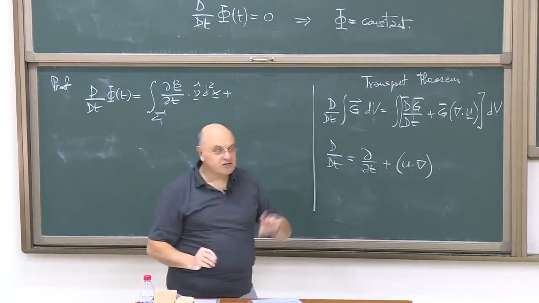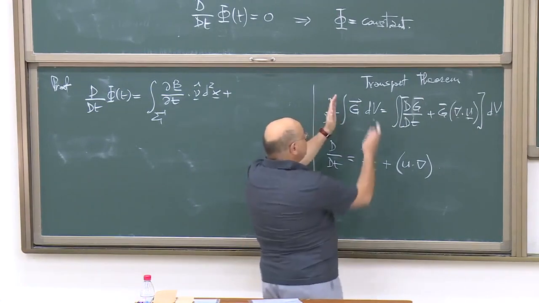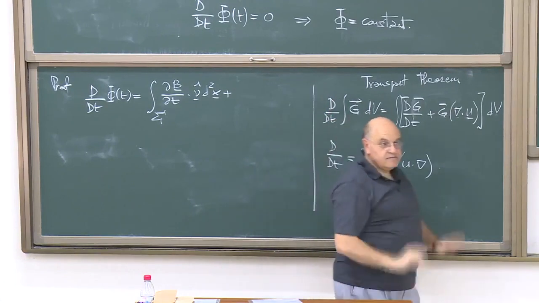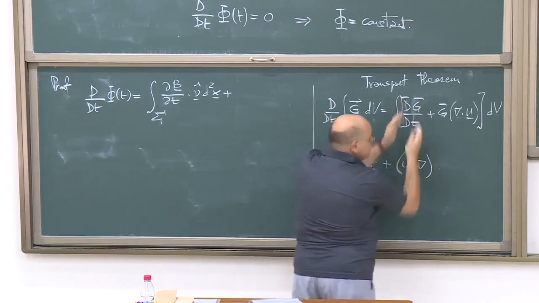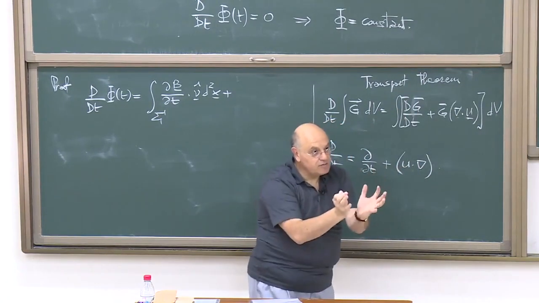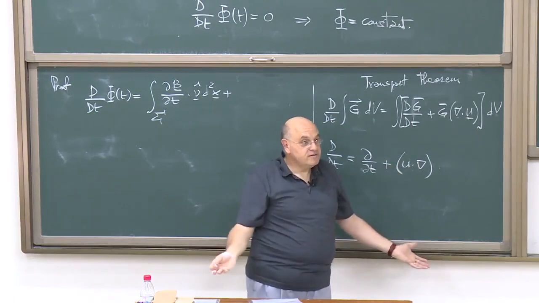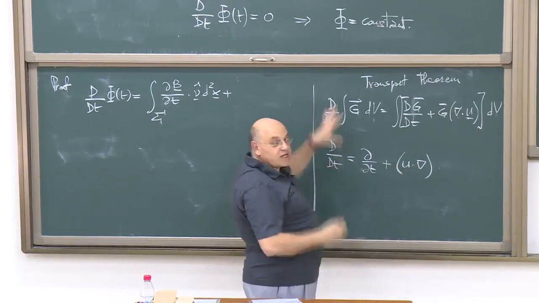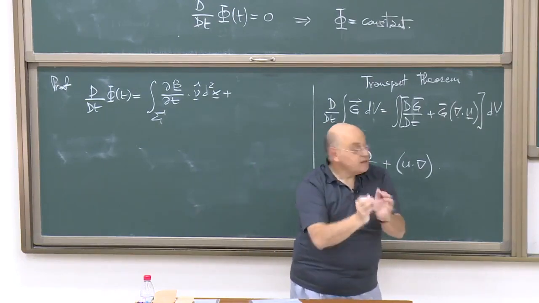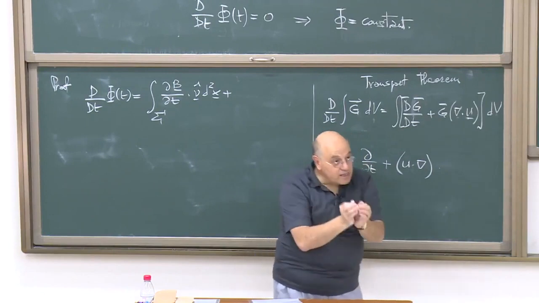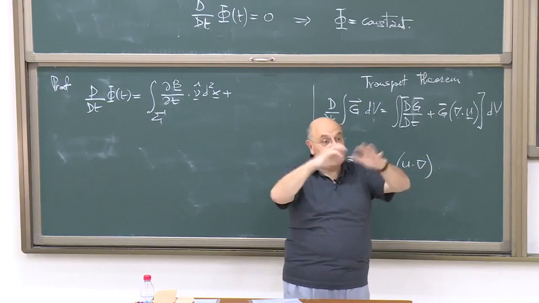Let me step back because I want the young ones to follow. The change in time of this quantity is due to the change in time of the quantity inside a volume plus possible flux through the boundary of the volume.